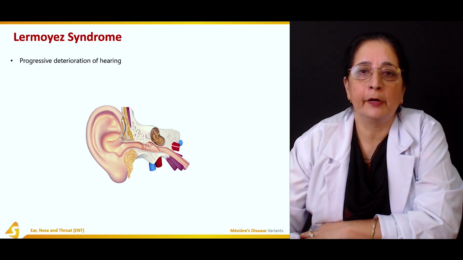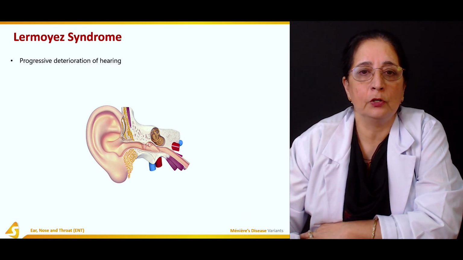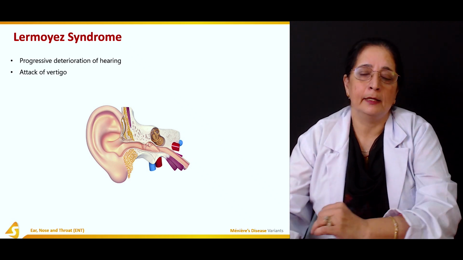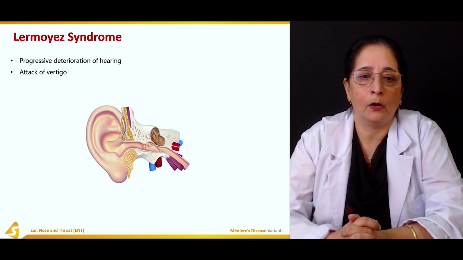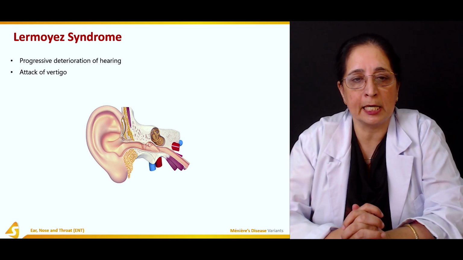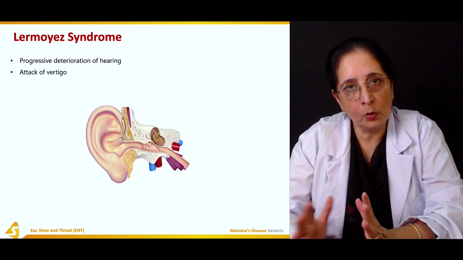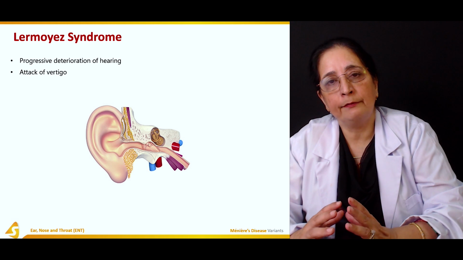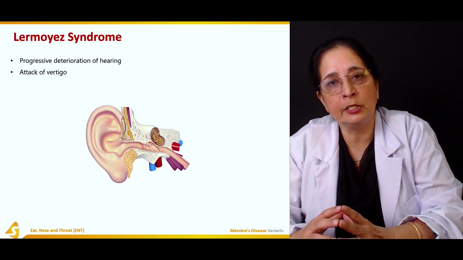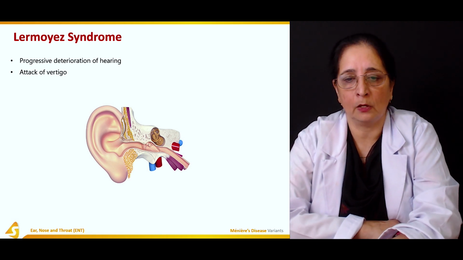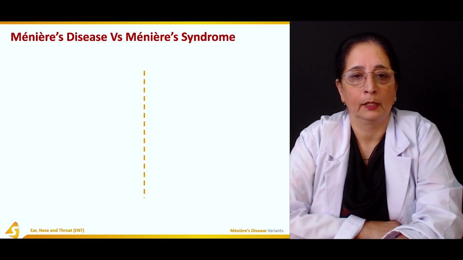There is progressive deterioration of hearing in this syndrome, and there is also attack of vertigo associated with it. So there is slow progression of hearing loss, and ultimately it leads to complete deafness. Attacks of vertigo are also present.